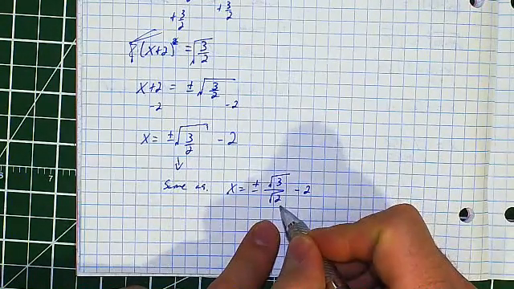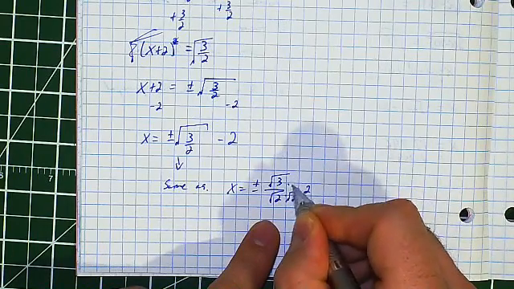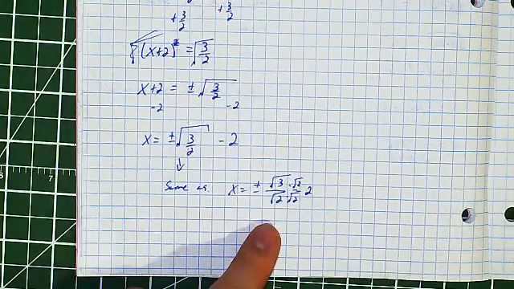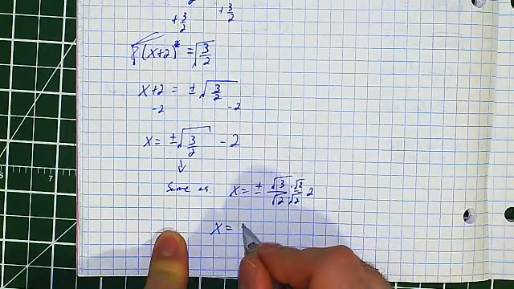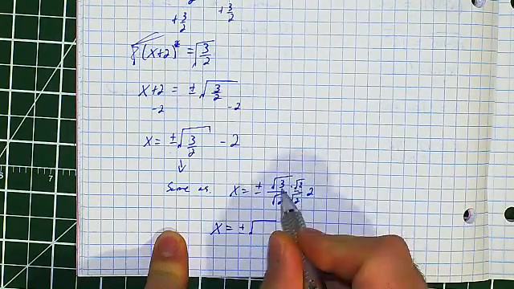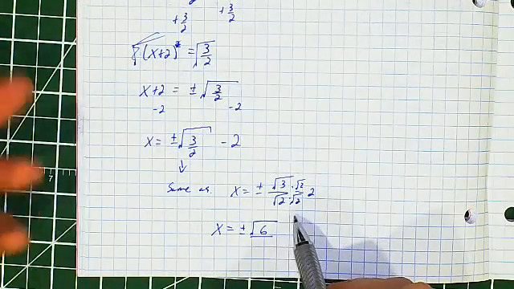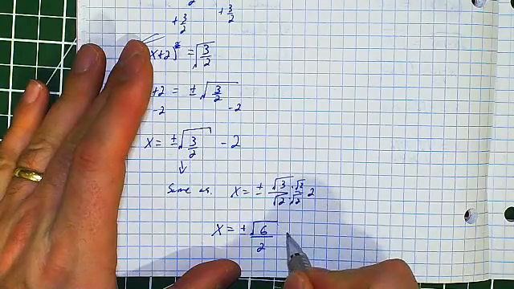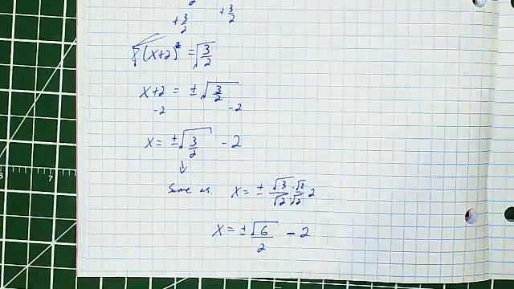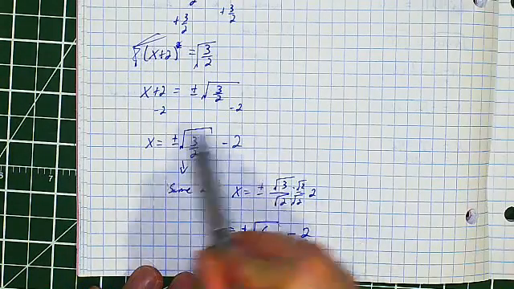So to get rid of that, we have to rationalize it, and basically, if you recall, multiply everything by root 2. So what happened is we'd have x now equals plus or minus the square root of 3 times 2, which is root 6, over root 2 times root 2, which is root 4, and the square root of 4 is 2, and that whole thing is then minus 2. So your textbook will likely give you this as an answer.